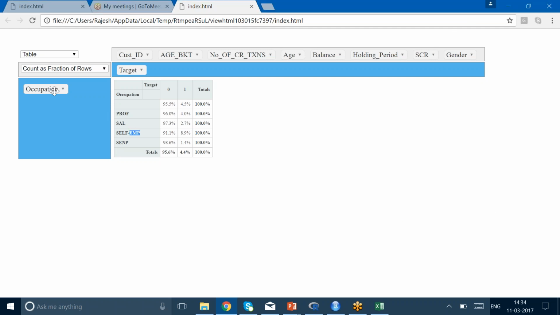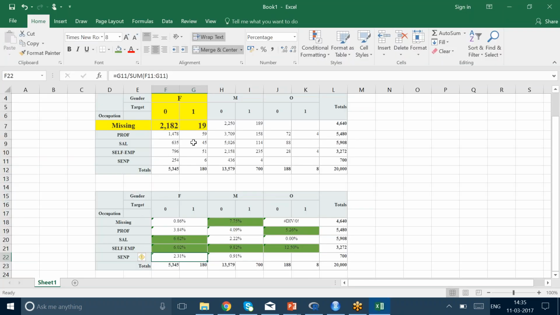We took occupation from a 1-dimension perspective, when we said self-employed has 8.9% probability. I then took it to a 2-dimension perspective, which I've shown here, where I'm now taking self-employed with respect to gender. And then I see this cross tab.